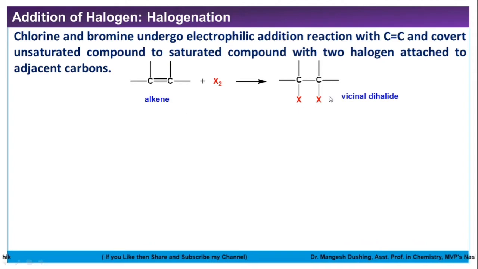The double bond is converted to a single bond, while each double bonded carbon will get one halogen. This product is called a vicinal dihalide. Generally, iodine doesn't show this type of addition reaction; only chlorine and bromine give this type of addition reaction.